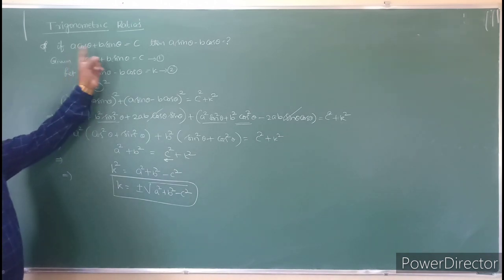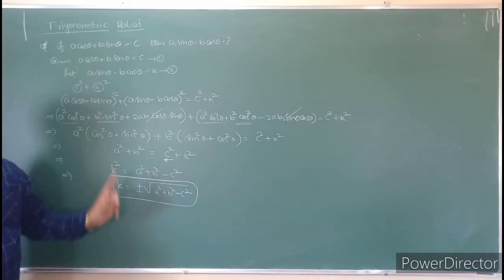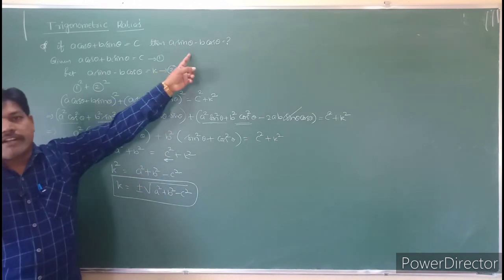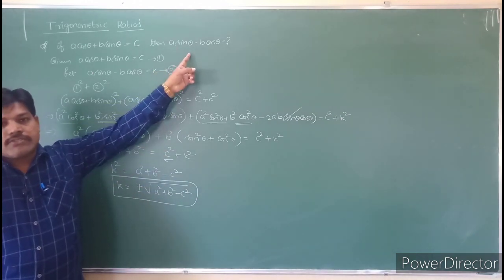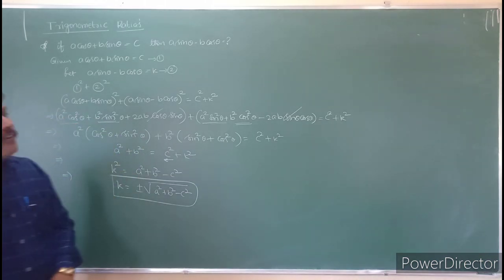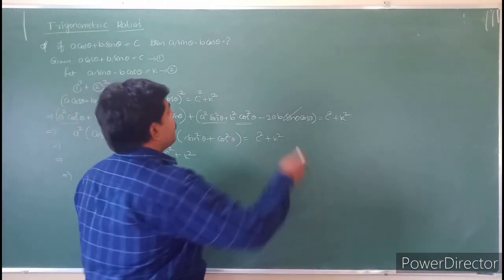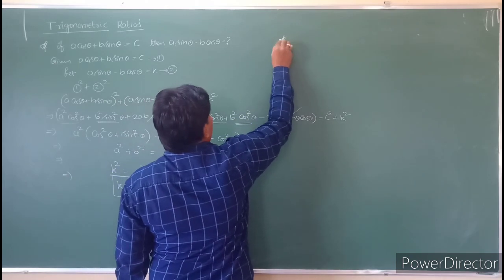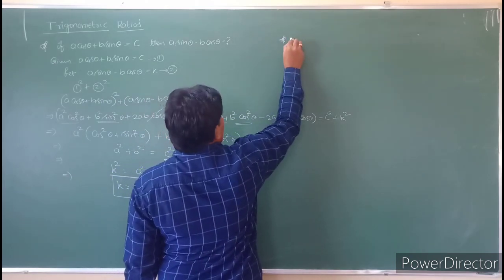So A cos theta plus B sin theta is equal to C. Then by using this formula, you can calculate this value directly. Are you understanding, students? Similarly, you can calculate by using the same formula. Another formula is similar.